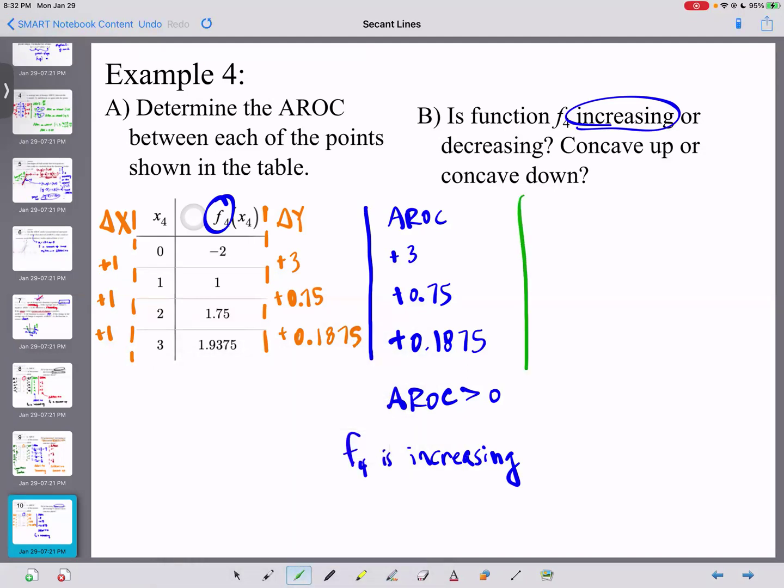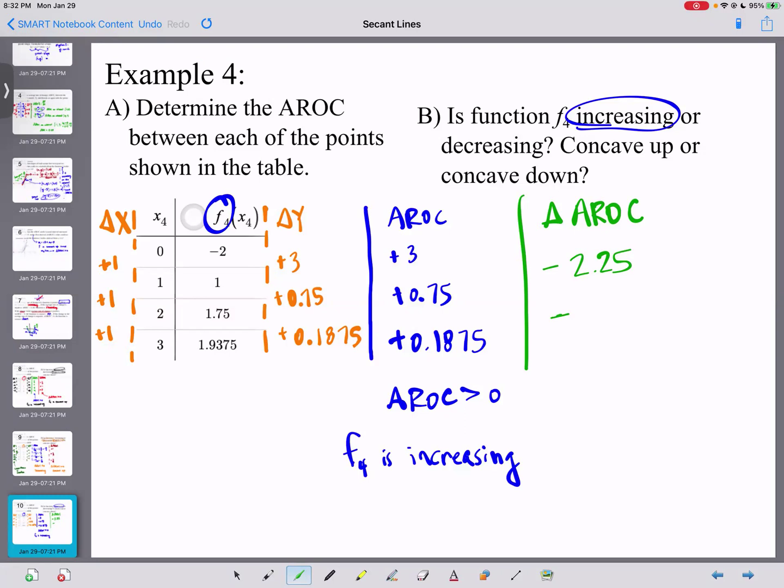Now, if I look at delta AROC, I'm changing from 3 to positive 0.75. That means it's a decrease of 2.25. And then I decrease again from positive 0.75 to 0.1875, which is a decrease.